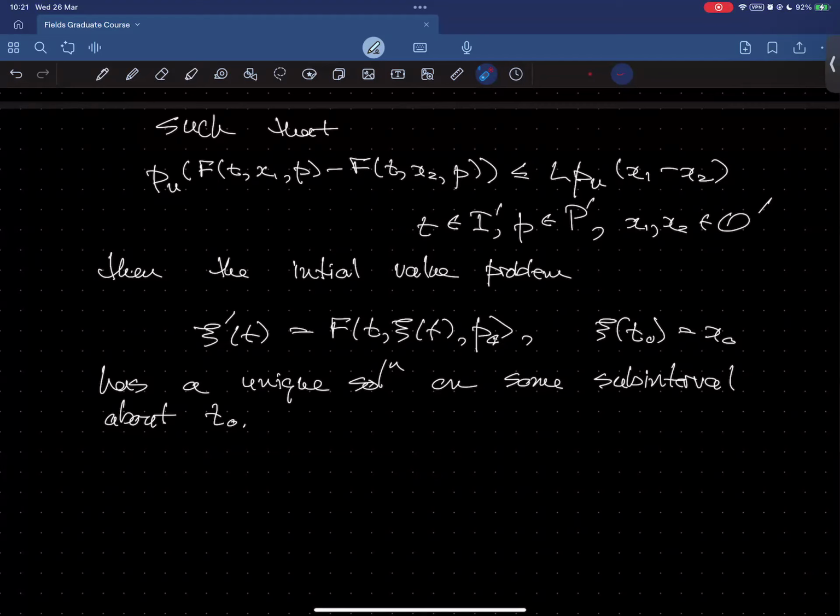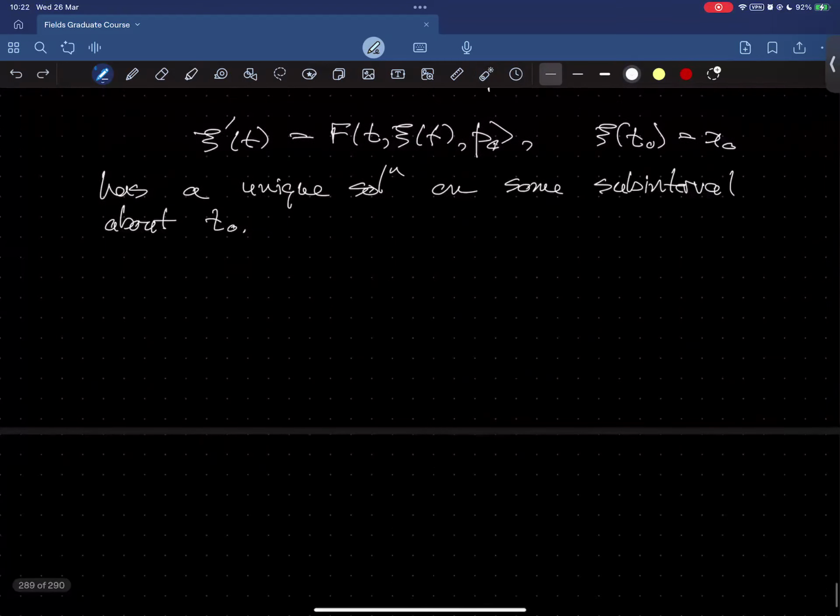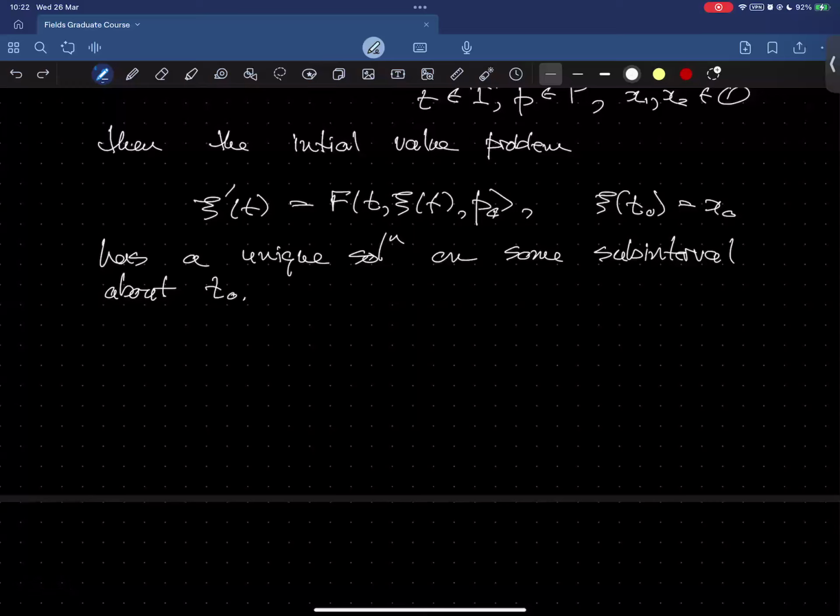So this gives you what you would call a local existence and uniqueness theorem, right? So there's some subinterval on which a solution exists and it's unique on that subinterval. Okay. And like I said, you can make more global assumptions, but we don't have time for that.